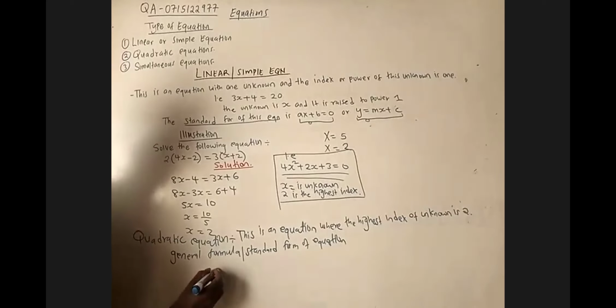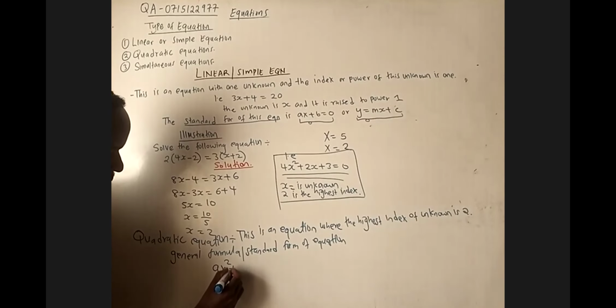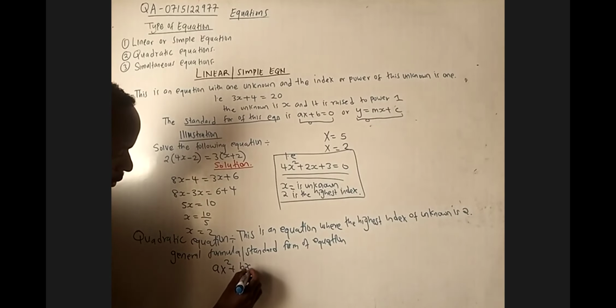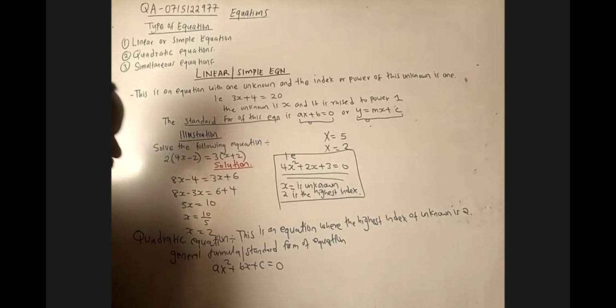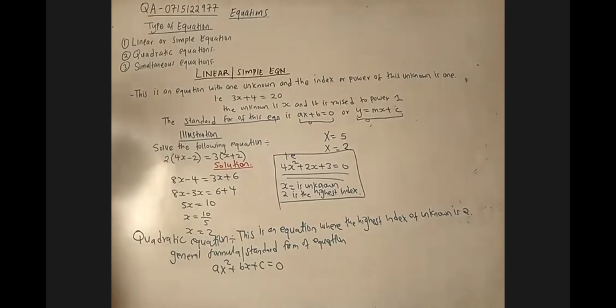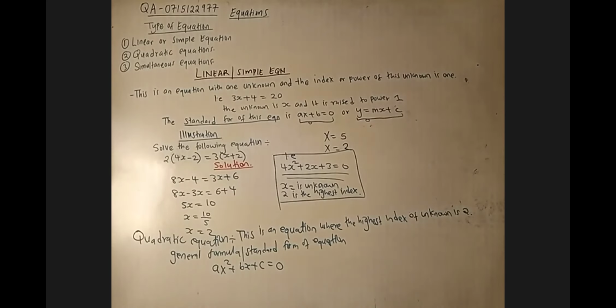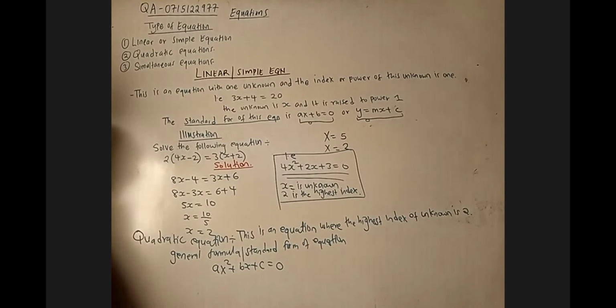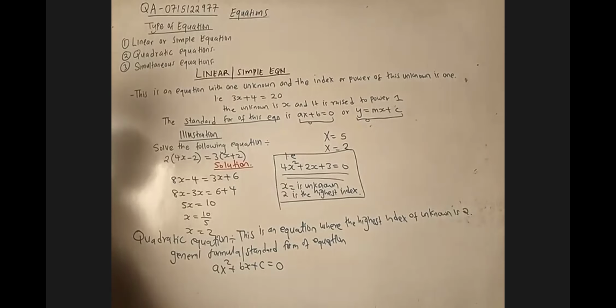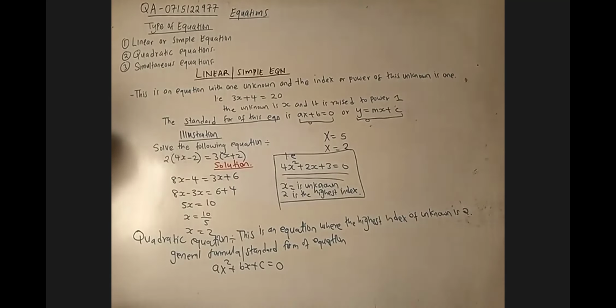For this one, it will be ax squared plus bx plus c equals 0. That one represents the general formula.